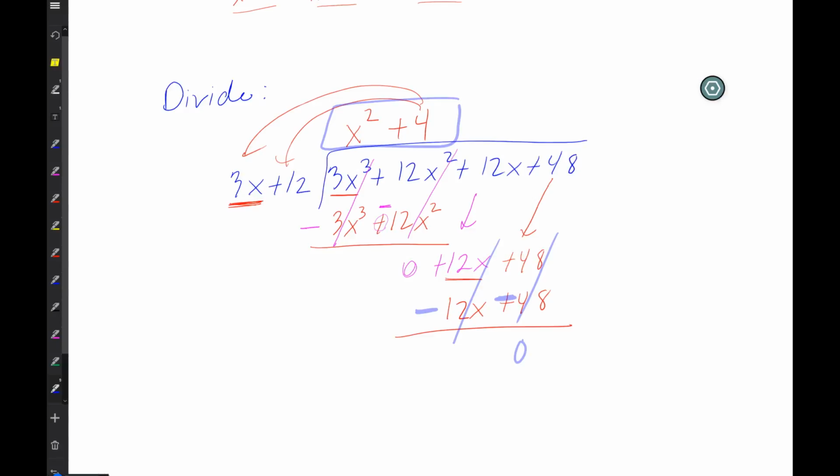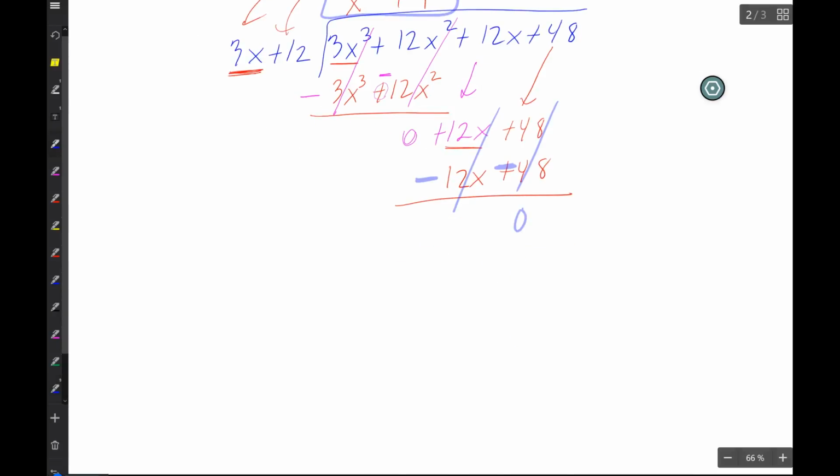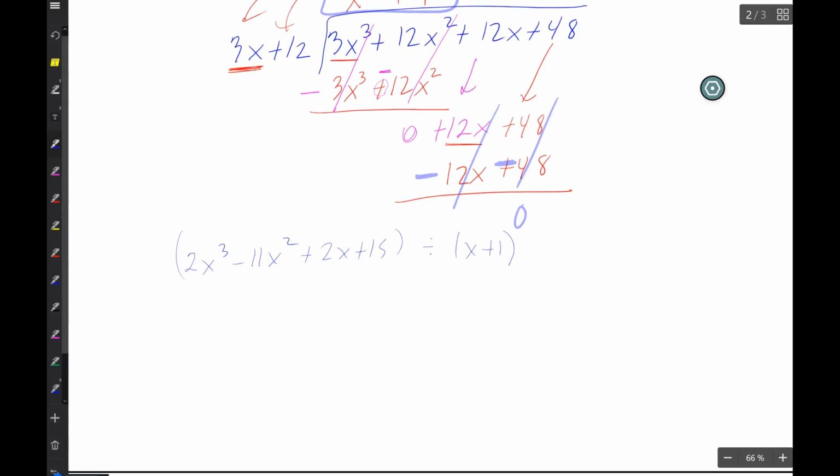Did that come back to you guys? Do you guys remember synthetic division? It looks like this: if I have 2x cubed minus 11x squared plus 2x plus 15, and I divide that by x plus 1, what would I do to do synthetic division?